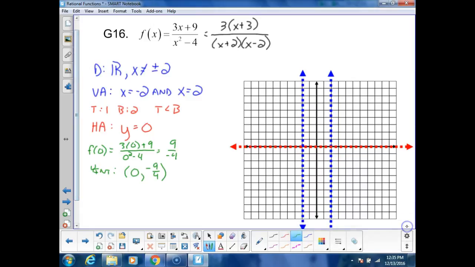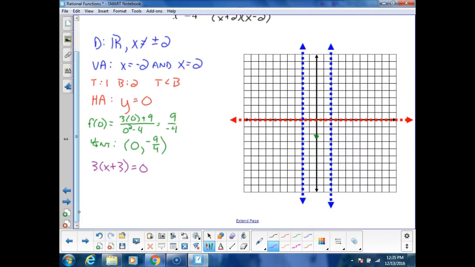So at negative 9/4, that's negative 2.25. You should be. So an x-intercept. Yeah, but how do you put it there if there's a thing there?